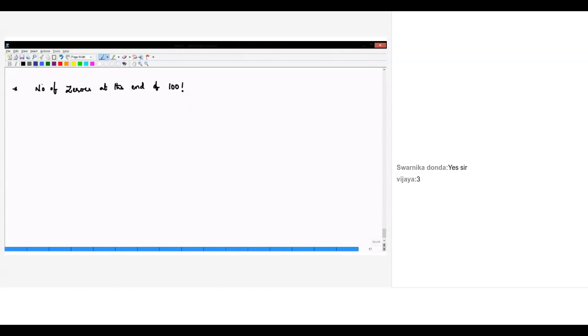So how do I find out number of fives in 100 factorial? Everyone knows that 100 factorial is 1 into 2 into so on up to 100. You only take multiples of fives from that: 5, 10, 15, and so on up to 100. 5 power 20 you take common because there are 20 fives. 1 into 2 into 3 into so on up to 20. 5, 10, 15, 20.